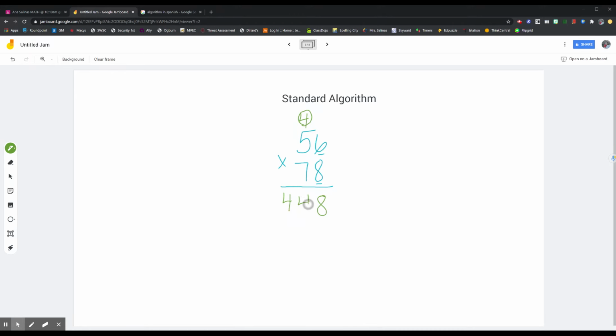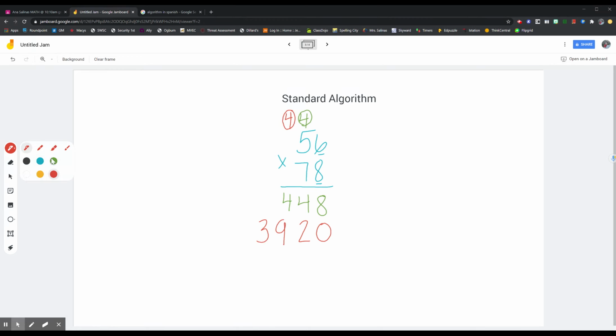And then I go to the next number. And the first thing I do is drop a 0 because this 7 that I'm going to multiply is in the tens place. So 7 times 6 is 42. I'm going to drop a 2 and regroup a 4 again. 7 times 5 is 35, plus this 4 is 39.